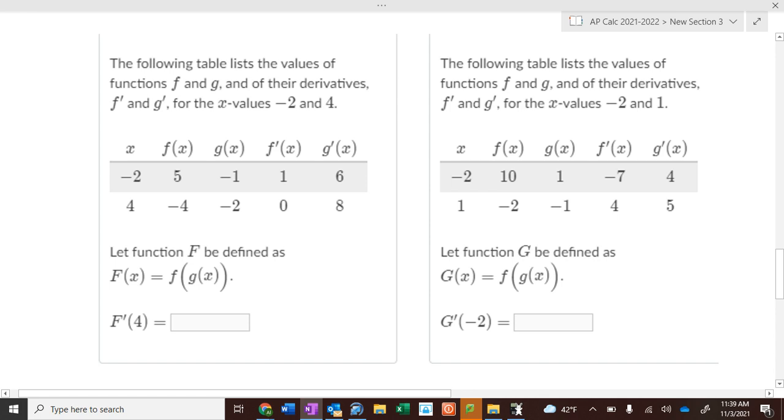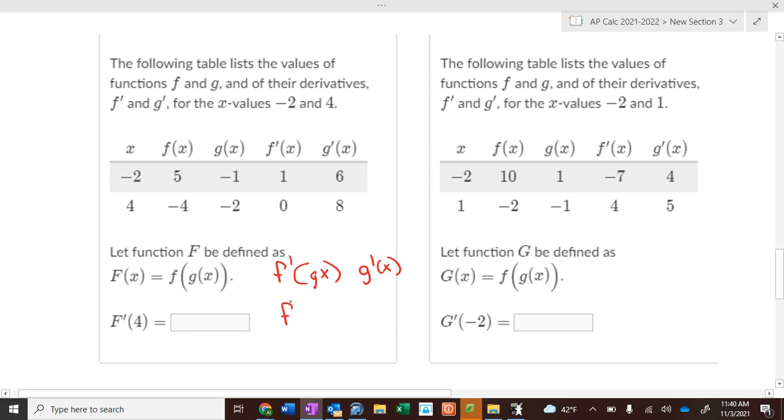Okay. So, doing this, if we want to find f of g of x, it is the first derivative of f of g of x times the first derivative of g of x. Okay, so if we're doing f prime of 4, so g of x, what is g of 4? Negative 2.